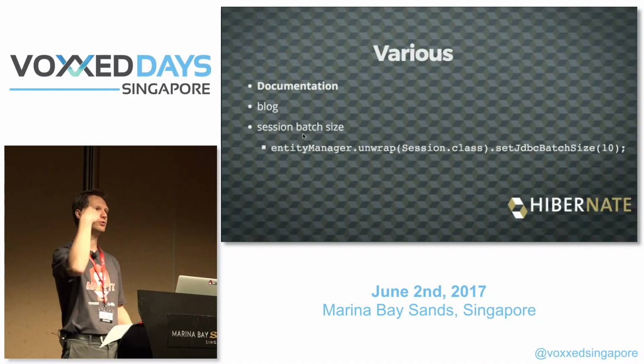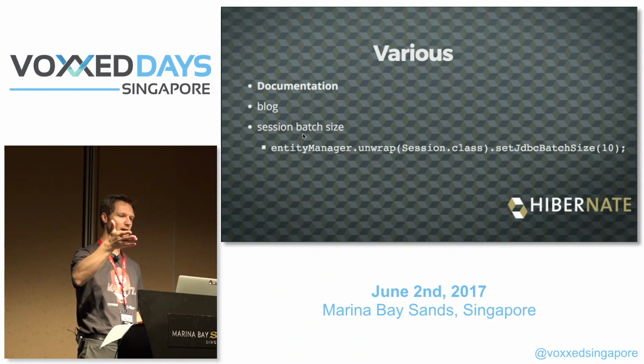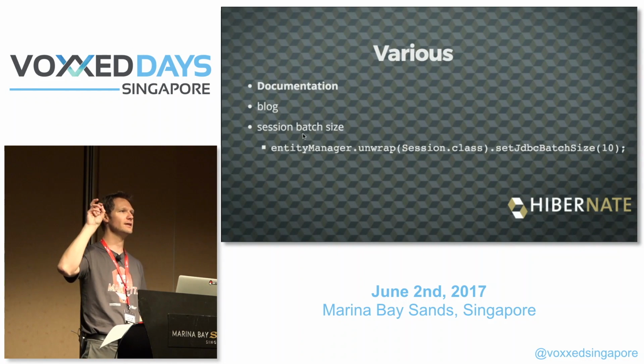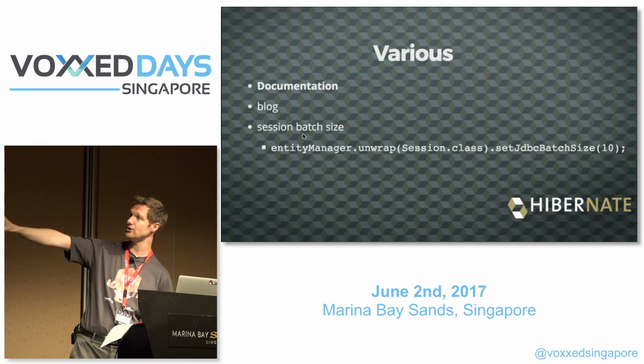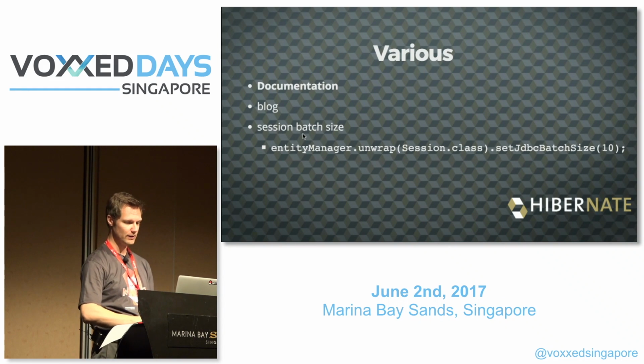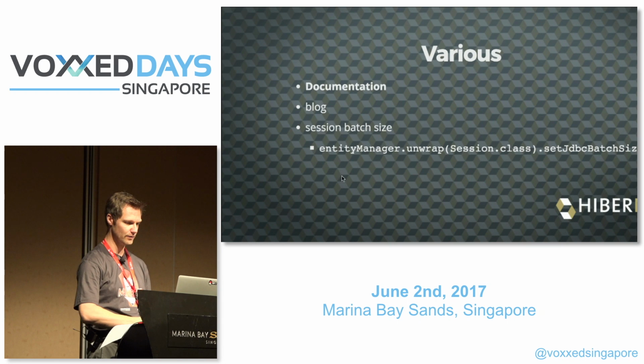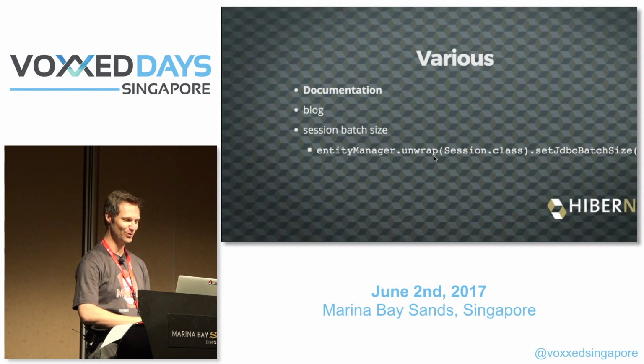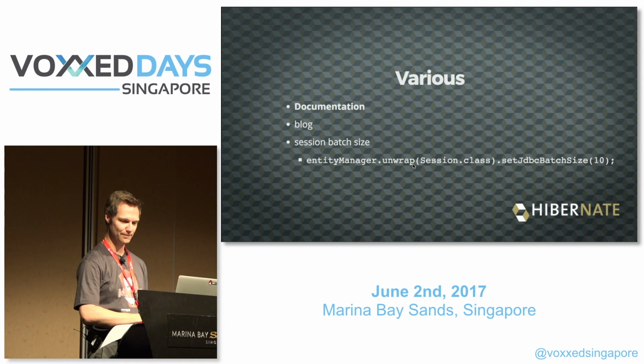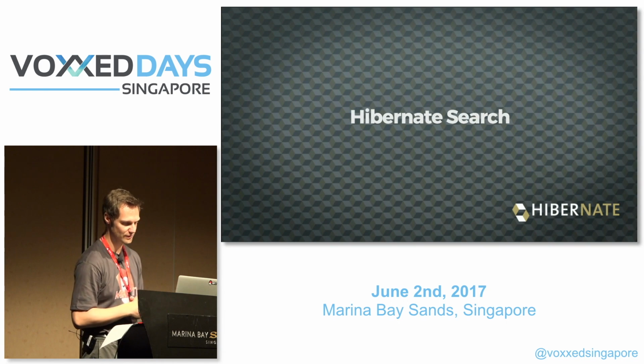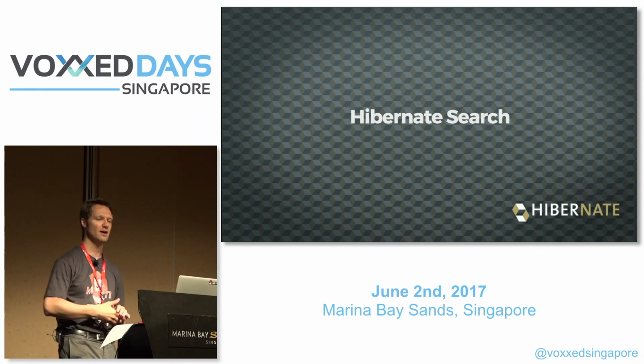And by the way, when you use the JPA API, how do I access the Hibernate API? So you just do entityManager.unwrap, and then you've got the session object, and from there you just enjoy yourself, I guess. You've got access to all of the settings and annotations and APIs and so on.